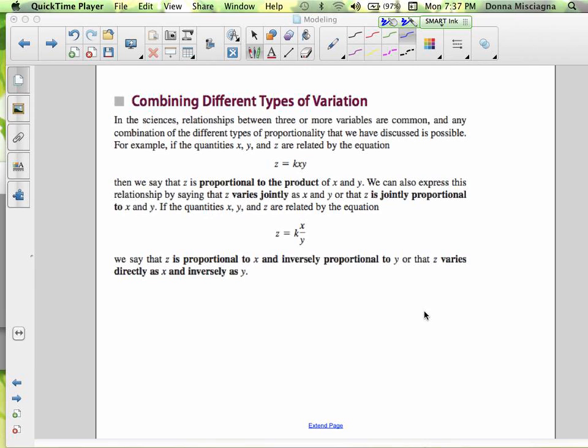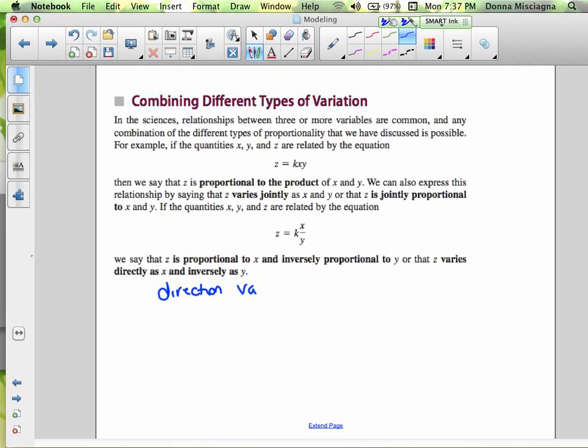All right, so if we have direct variation, it's proportional. It's multiplication. And it's in the numerator.